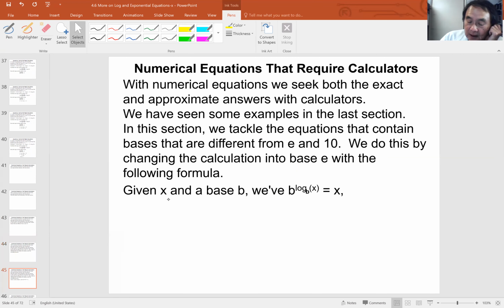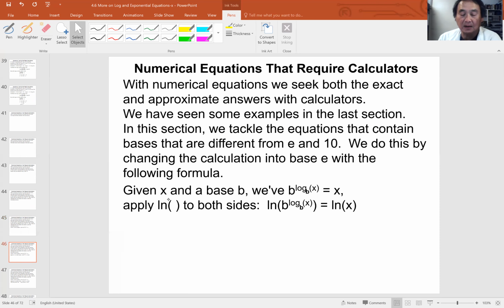Concerning other bases, how do we solve equations of other bases? Here is an easy formula for change of base. For any base b, I can write b to the power of these equations.